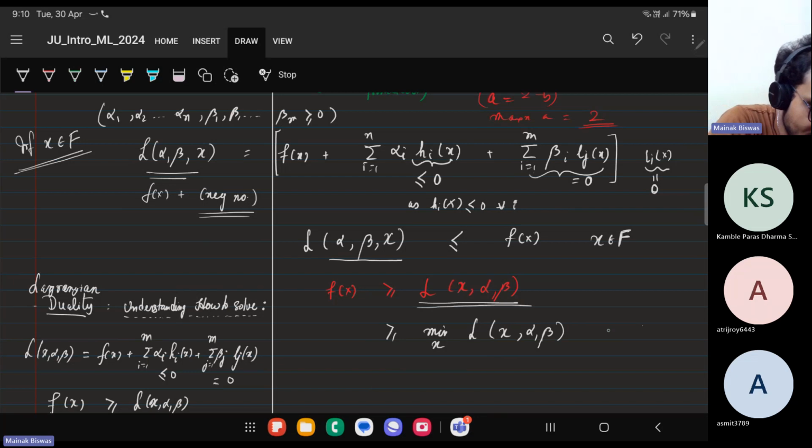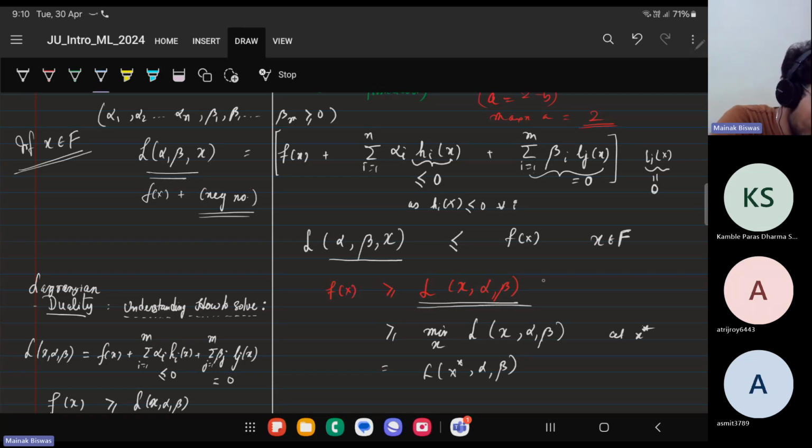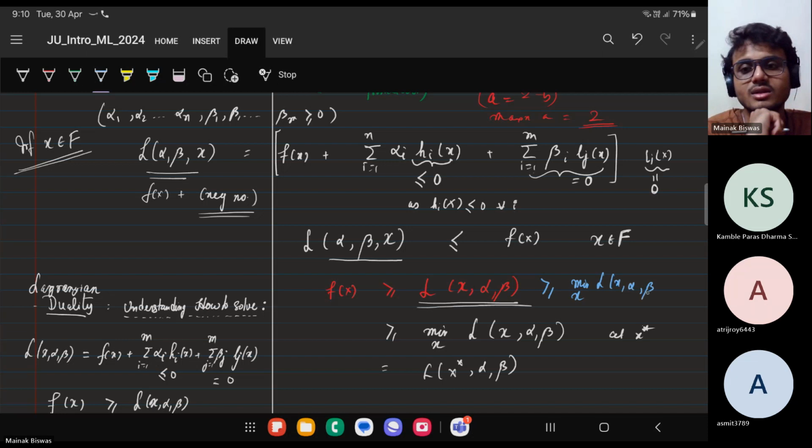So say that is at x star. So I will write this as, this has to be less than or equal to L of x star, alpha, beta, correct? I mean to say that this has to be greater than or equal to the minimum over x of L of x, alpha, beta. Yes or no?